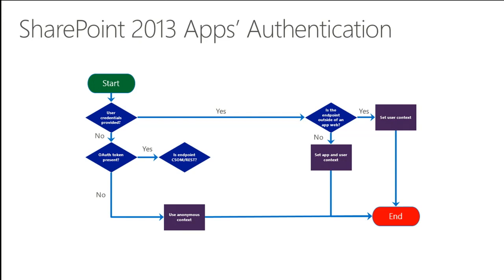If it is not a CSOM or REST API endpoint, it is still an anonymous context request. But if we have the target endpoint, which is a CSOM or a REST API, we have also to check if the token has only information about the app or also information about the user. If we have both user and app information, the context will be the app and user context. Otherwise, it will be an app-only request.